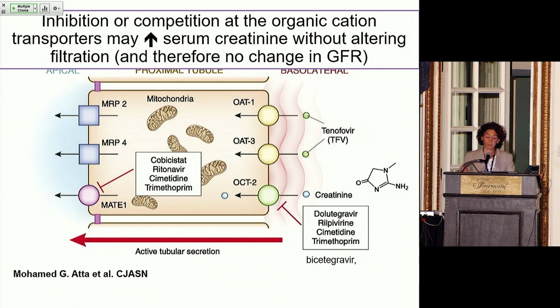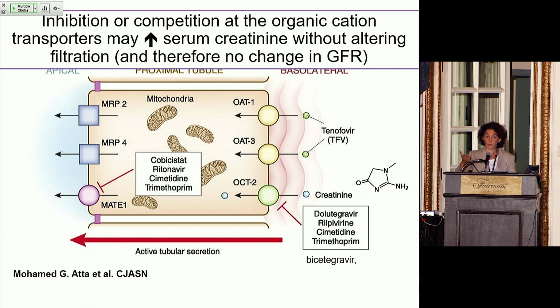So what happens is these agents are normally transported. So remember that creatinine is filtered and secreted, and about 10 to 20% is secreted, partly depending on your total amount of creatinine excretion. And when creatinine secretion is blocked, the serum creatinine can go up a little bit without a true decrease in renal function.